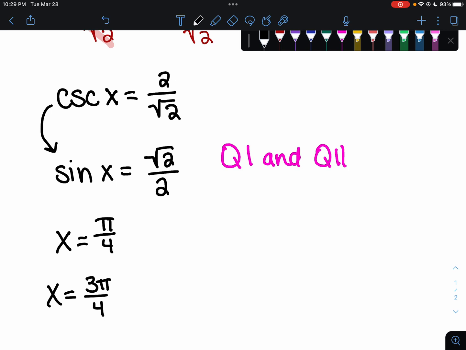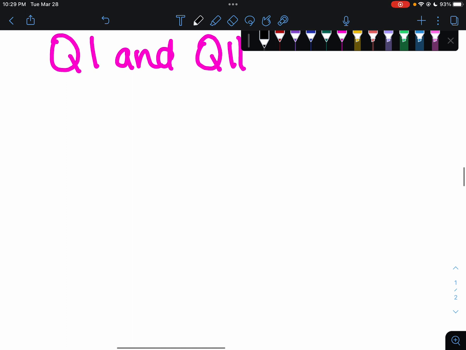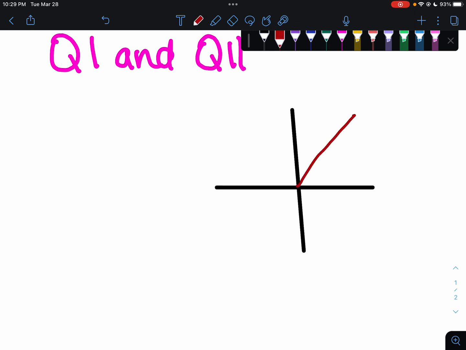Now, because we have no domain restrictions, what I need you to understand, and I'm going to draw a picture, you do not need this picture, I'm just explaining, is that here's pi over 4, and there are things called coterminal angles. We talked about them back in February or January.